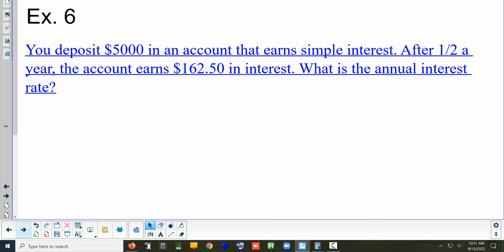All right, so this problem is definitely about the interest because it mentions interest right there. Does anyone remember what the formula was that had the I in it? It was I equals PRT.